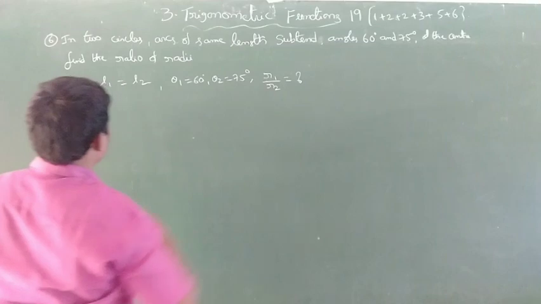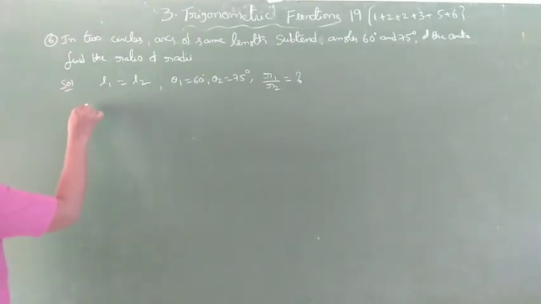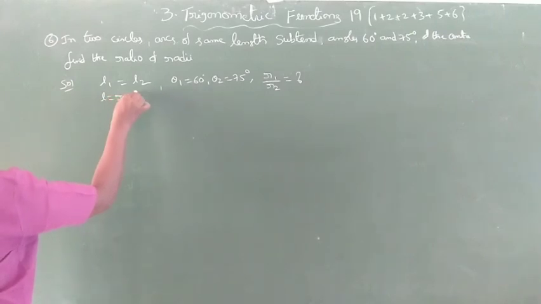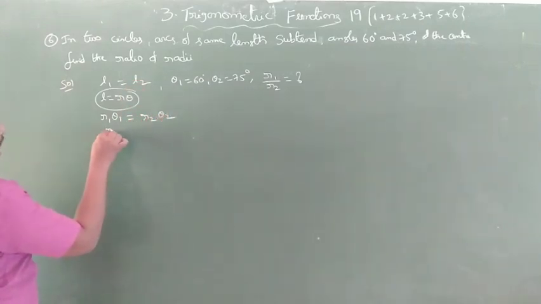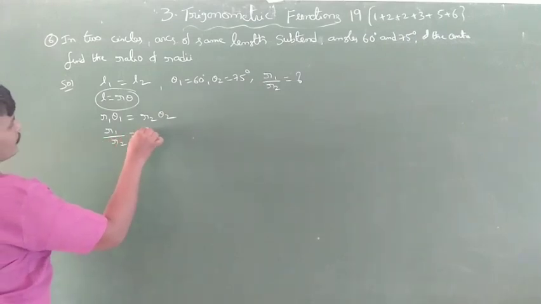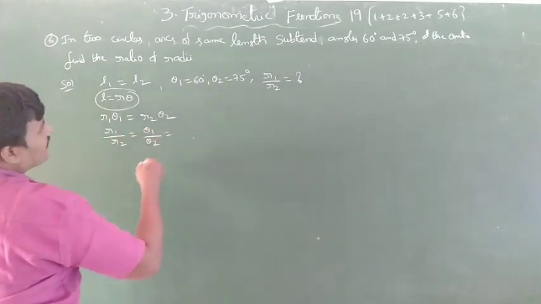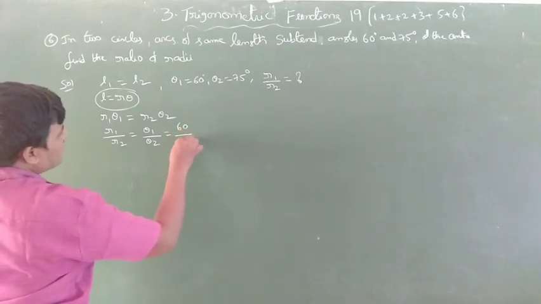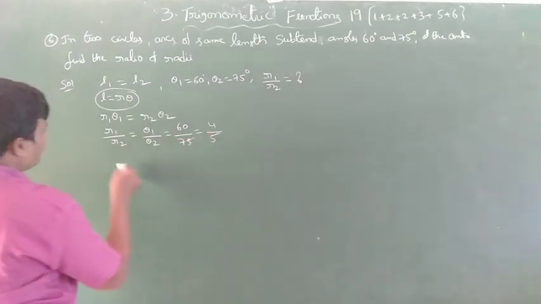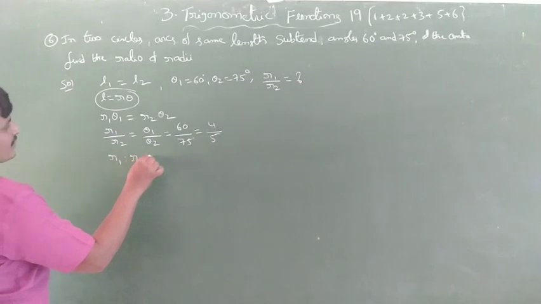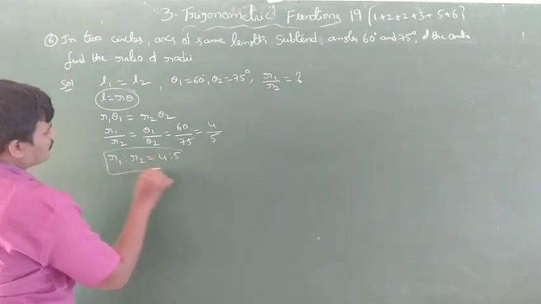The formula is L equals R into theta. L1 is equal to R1 into theta 1, and L2 is equal to R2 into theta 2. So R1 by R2 is equal to theta 2 by theta 1, which is 75 by 60. Dividing by 15, R1 is to R2 is equal to 5 is to 4.